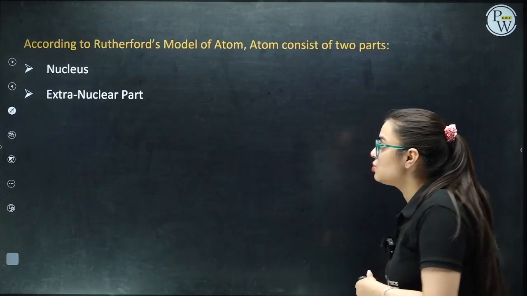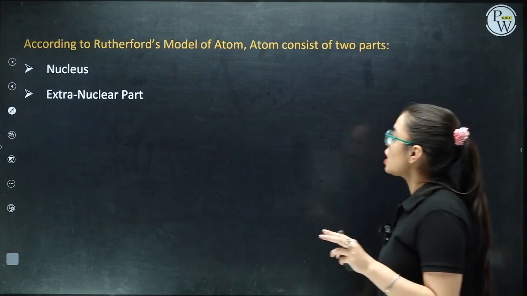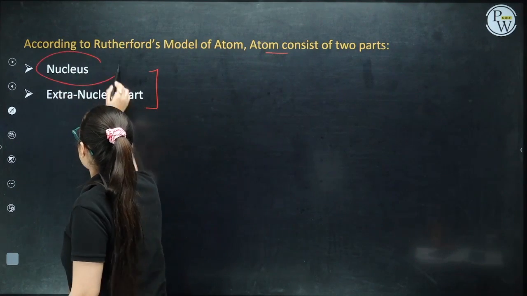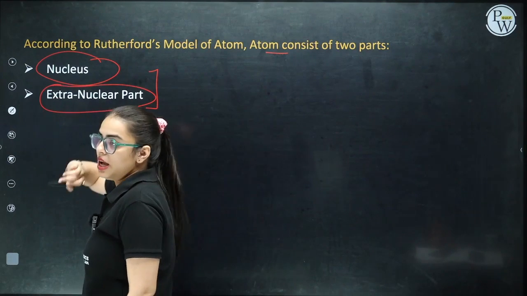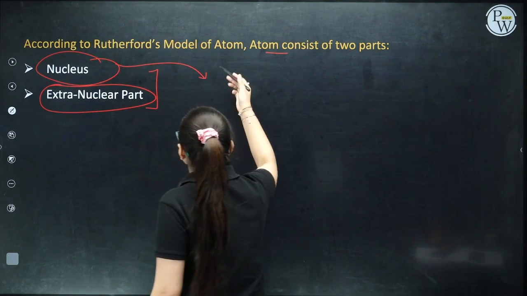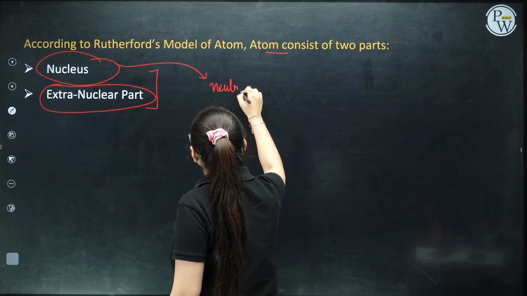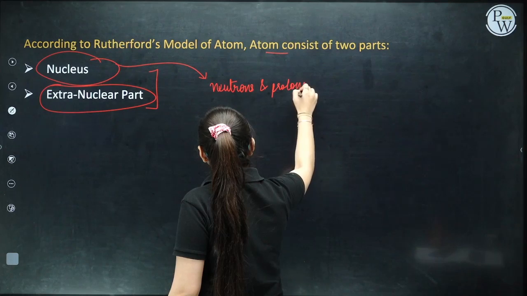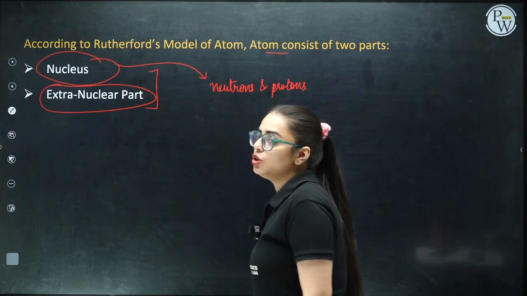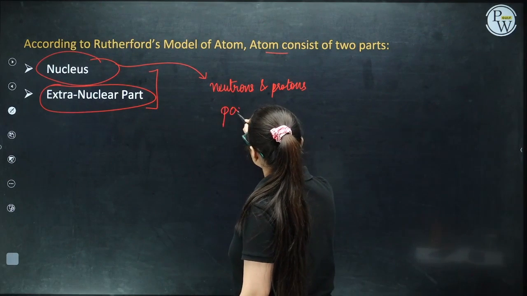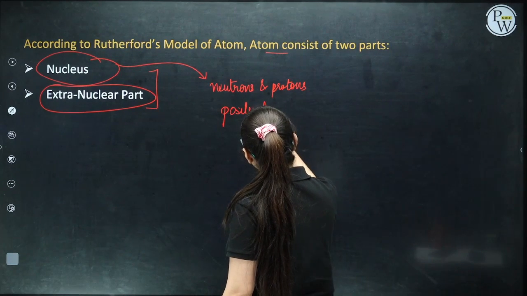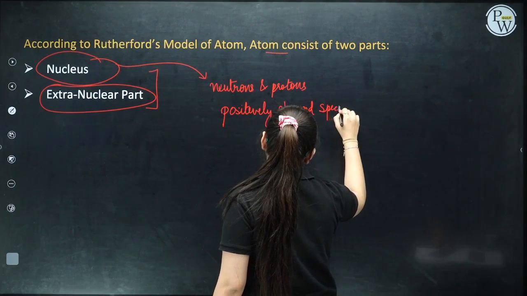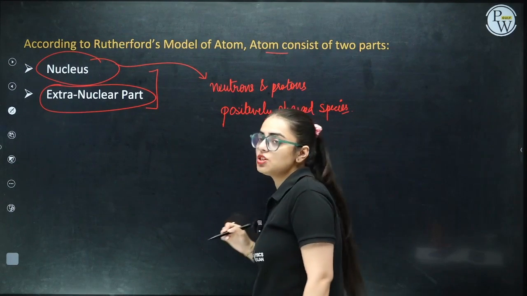Okay, students. So these were the observations made, due to which, according to the Rutherford model, an atom consists of two parts. One is the nucleus and the other is the extra nuclear part. According to him, the nucleus contains neutrons and protons, and due to that, the nucleus is a positively charged species.